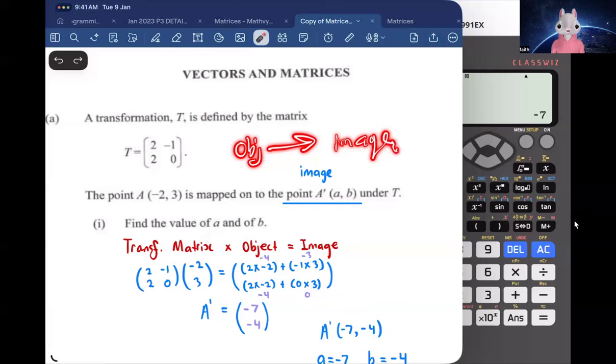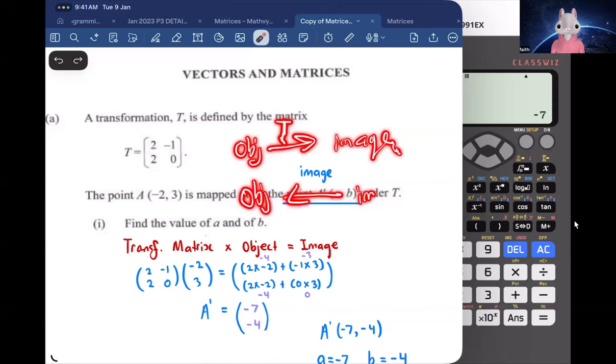Using the transformation matrix plus the object to get the image. No, I'm using the transformation times the object. But can we see that T, the transformation matrix, is actually what's doing the transformation? Yeah.